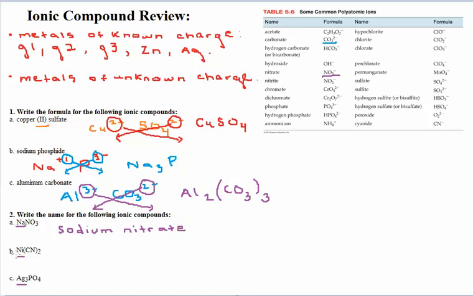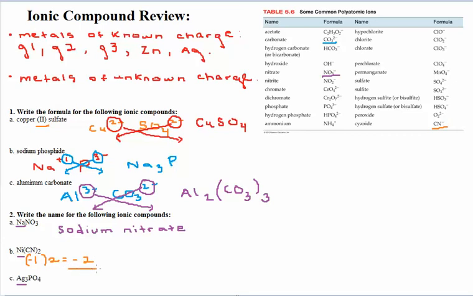Nickel is a transition metal, therefore I do not know the charge of nickel. So I've got to think about this. Cyanide, CN, has a -1 charge. Each CN has a -1 charge. It's one of my polyatomic ions right here. Since there are 2 of them total, that tells me that CN contributes a total charge of -2.